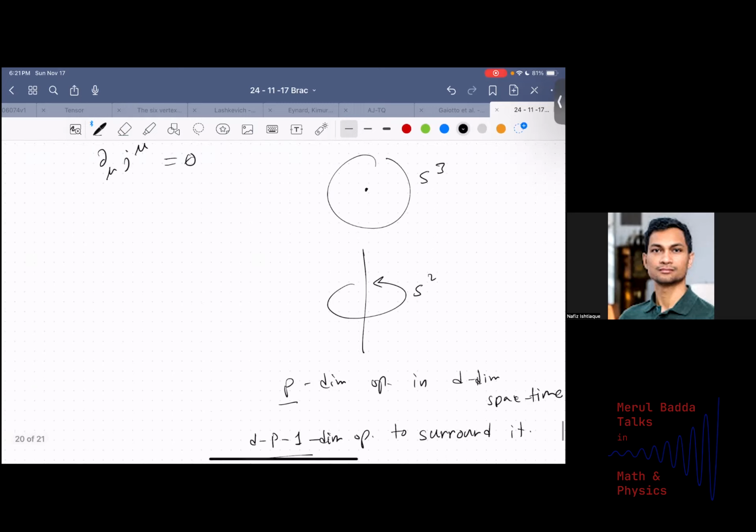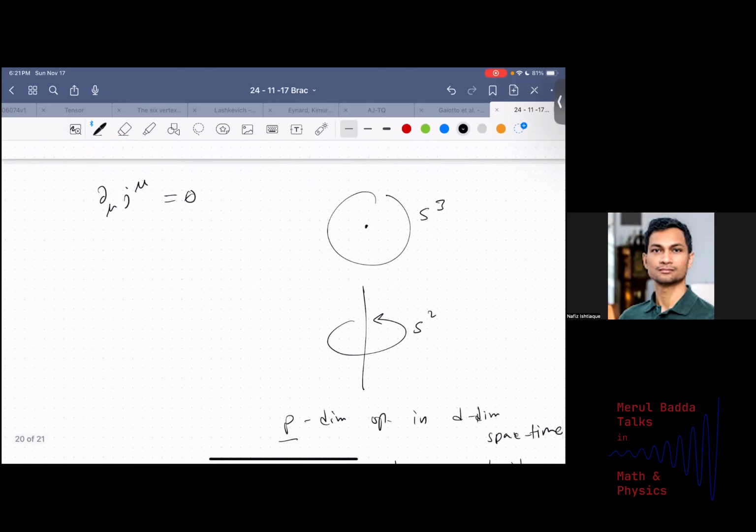So in four-dimensional Yang-Mills theory, if you have a line operator, you need a two-sphere to surround this thing, right? So here we integrated star J over this. J was a one-form, star J was a three-form, which I could integrate over this thing. So what do I need here? I need something that is a two-form that I can integrate over S2, right? And recall that d star J was 0 because of Noether's theorem.